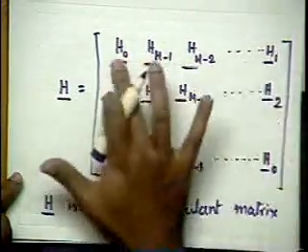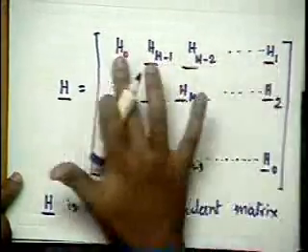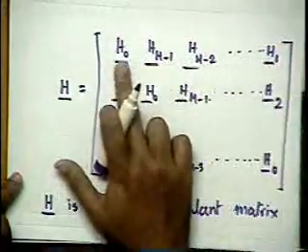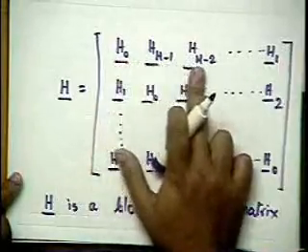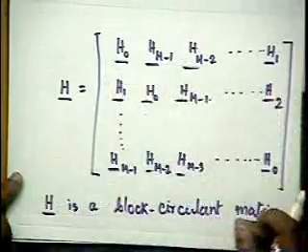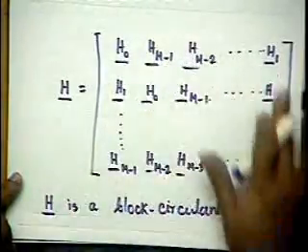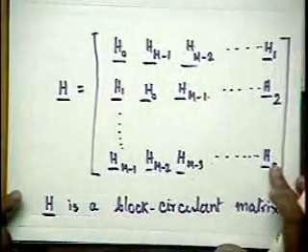What we have done is that we have assumed the image size as m by n, so that is why I wanted to put m rows in these block matrices, and that is why I have put it as H0, Hm minus 1, Hm minus 2, so that the x index changes from 0 to m minus 1. Just to make it compatible with the image size, we did it that way.